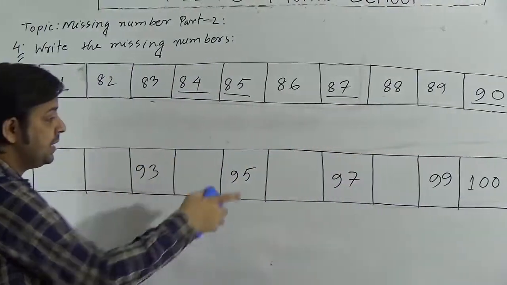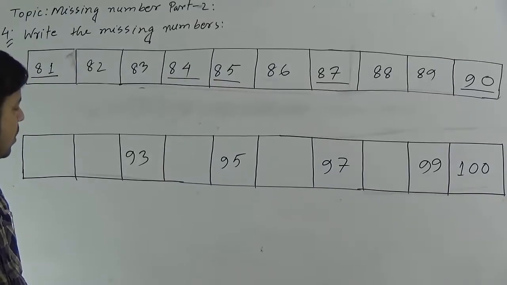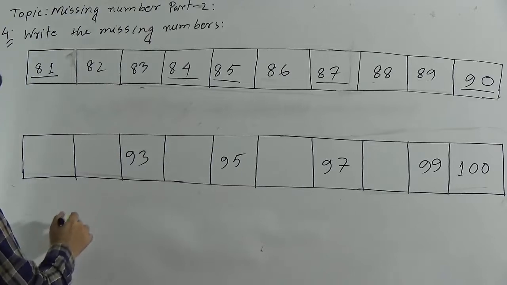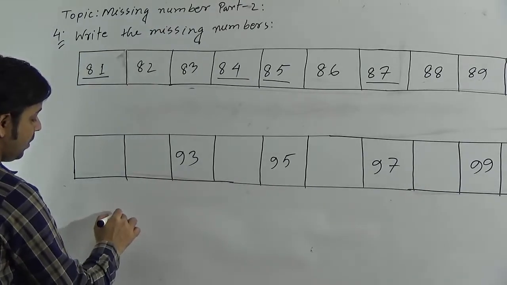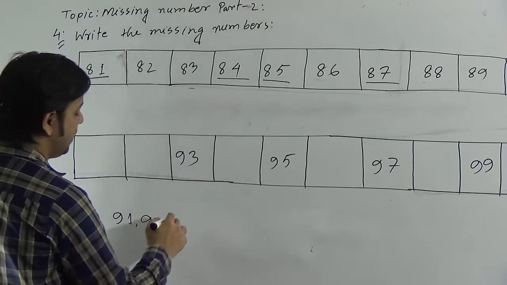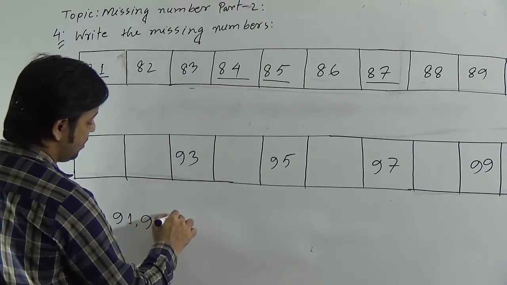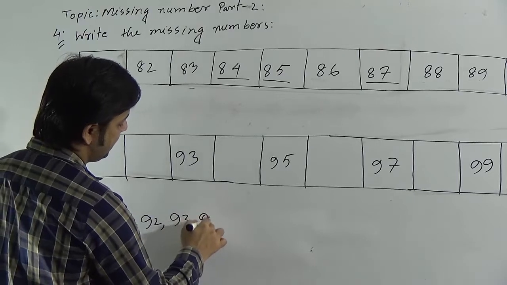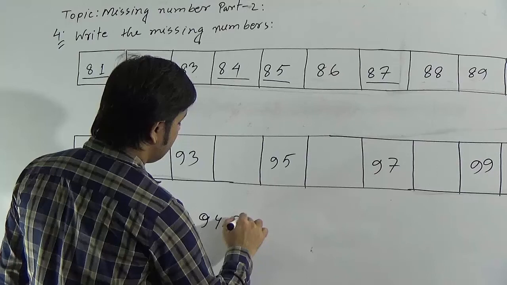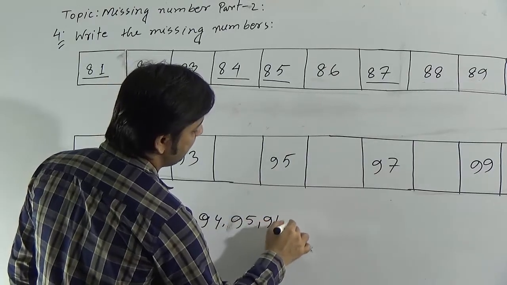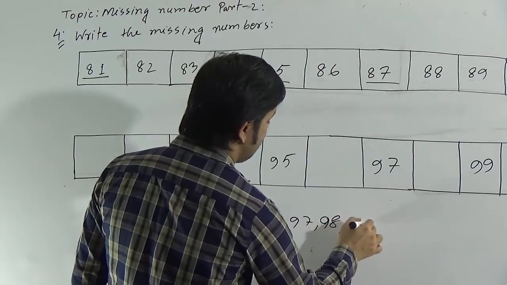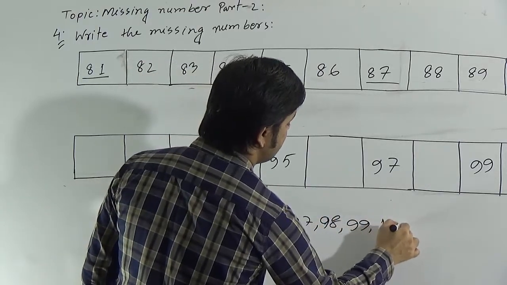Five gaps are given here also. What is given here? 93. Dear students, you know from 91 up to 100: 91, 92, 93, 94, 95, 96, 97, 98, 99, and then 100.